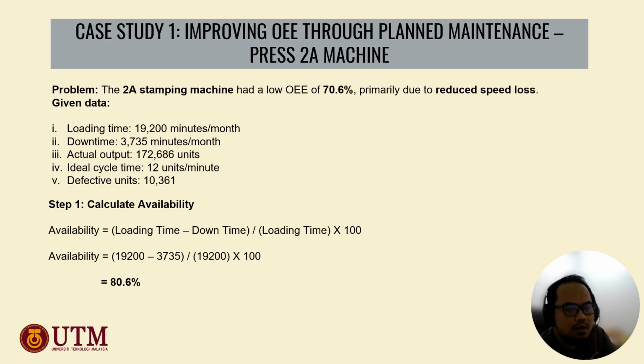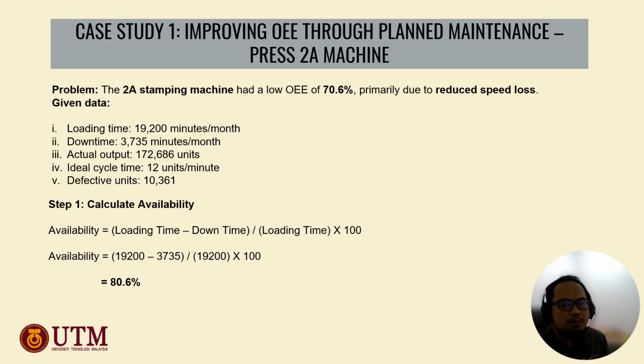The data we have are loading time 19,200 minutes per month, downtime 3,735 minutes per month, actual output 172,686 units, ideal cycle time 12 units per minute, and effective units 10,360.